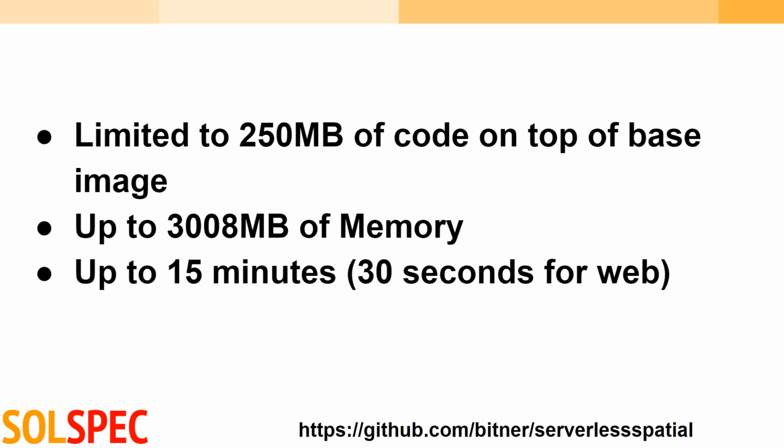So when I was talking about how serverless functions are small, here's what that means specifically when we're dealing with Amazon Lambda. Lambda functions are limited to 250 megs of code on top of that base Amazon Linux image.